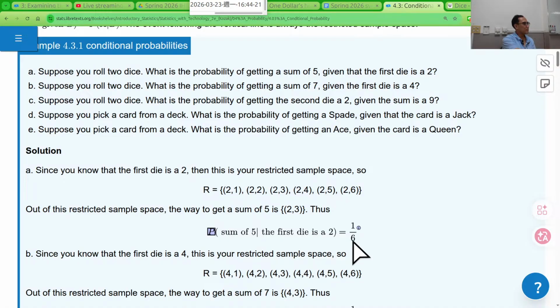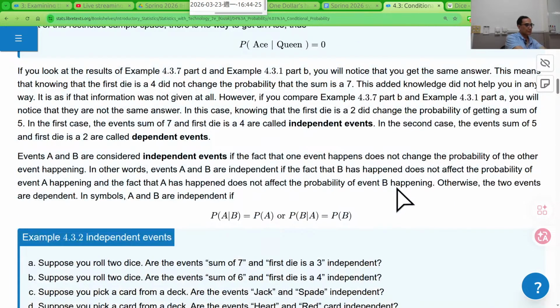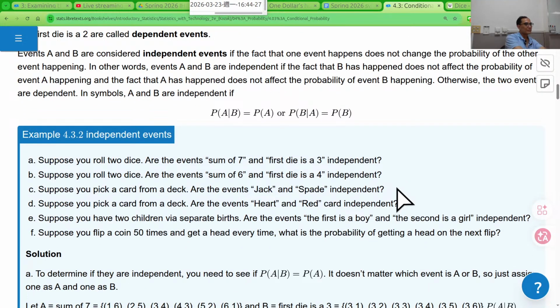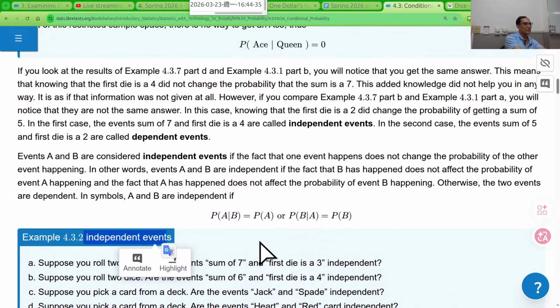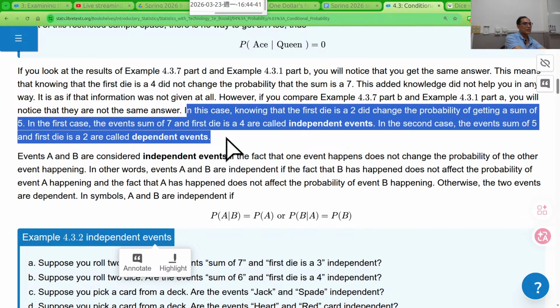So far, any question? Okay, let's move. Question: independent events. What does it mean? In this case, knowing that the first die is 2 changes the probability of getting a sum of 5.